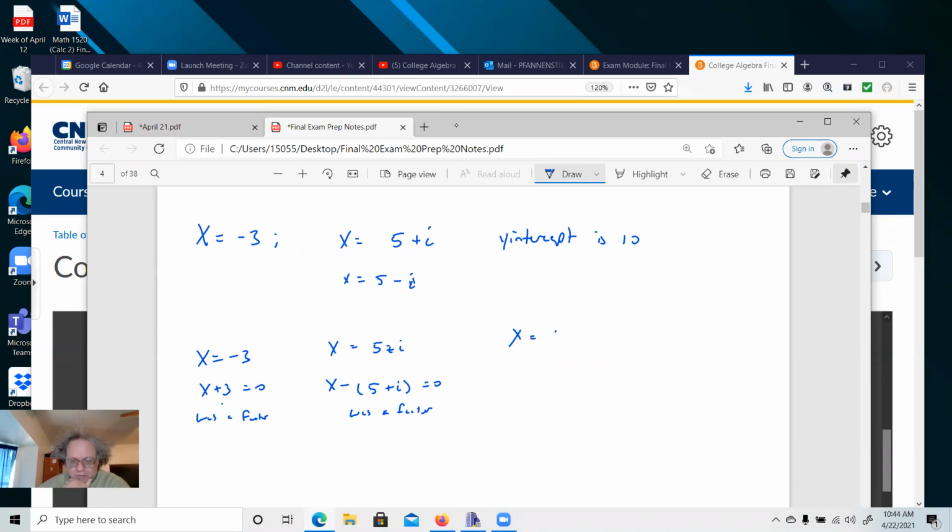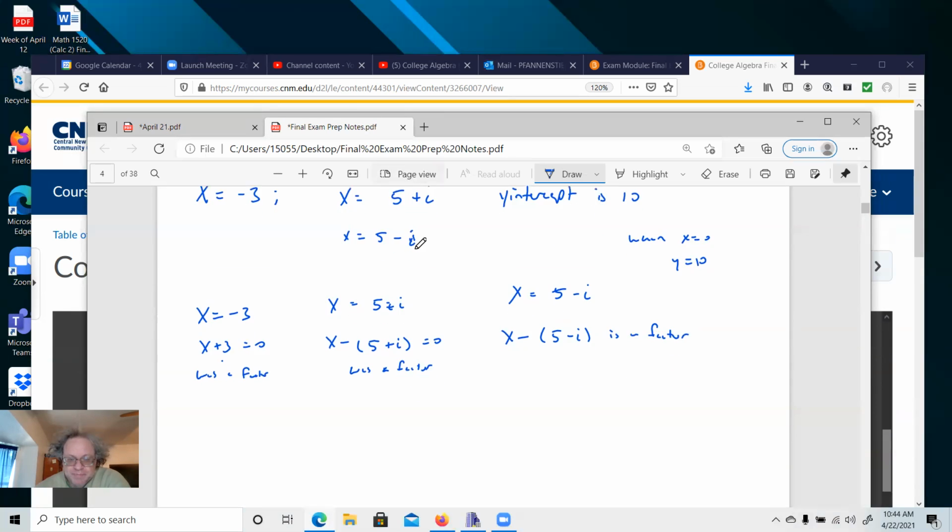And x equals 5 minus i means that x minus (5 minus i) is a factor. And then when x equals 0, y is equal to 10. So that's something to know as well.